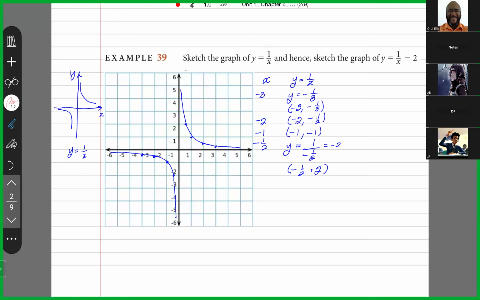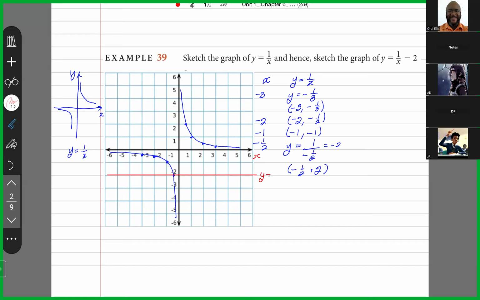So here's the first thing. The x-axis was the horizontal asymptote. If you push this graph 2 units vertically downwards, the horizontal asymptote is going to become the line y is equal to minus 2.